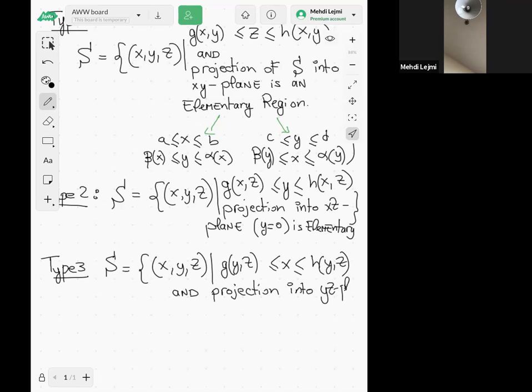This is when x is 0, right? The yz projection is an elementary region. Anyway, this is just to remind you of the definition.